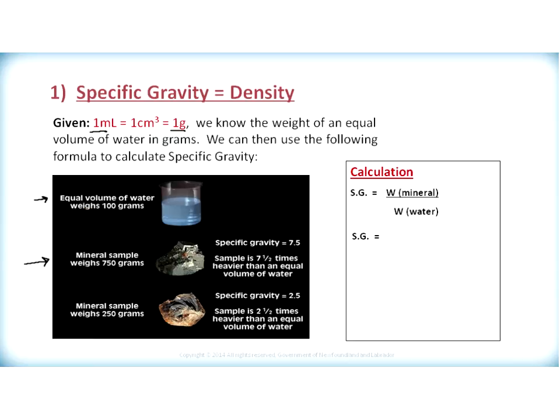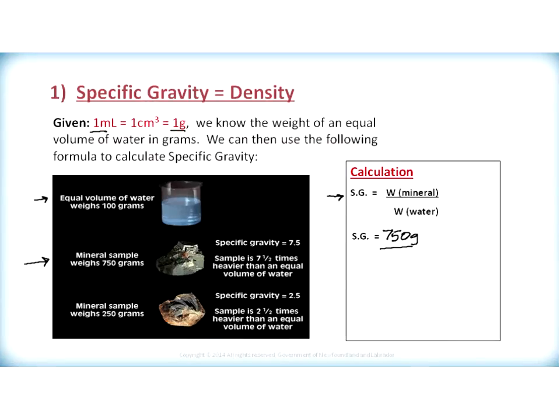So from these measurements, we can calculate the specific gravity by calculating density. We use the formula: specific gravity equals the weight of the mineral divided by the weight of an equal volume of water. In this case, the weight of the mineral was 750 grams.